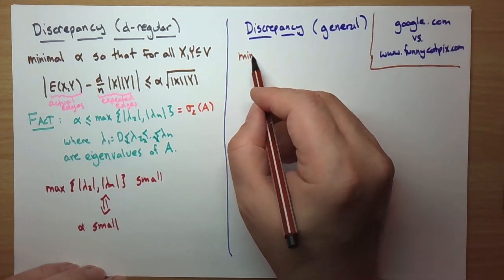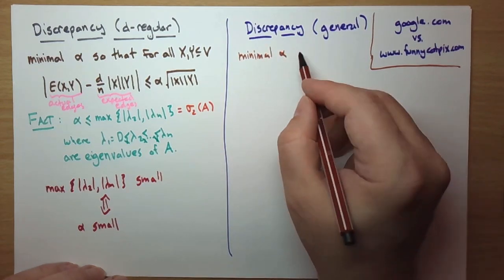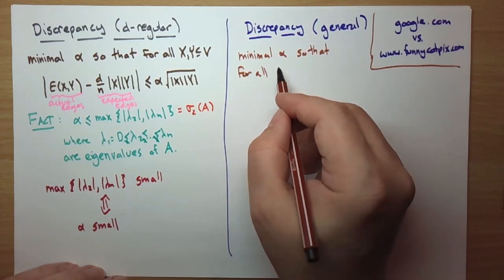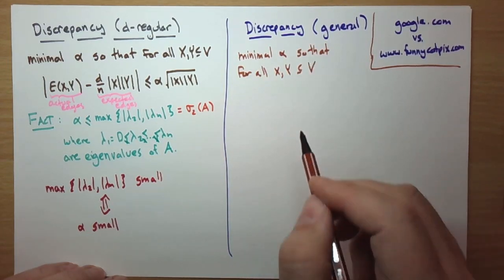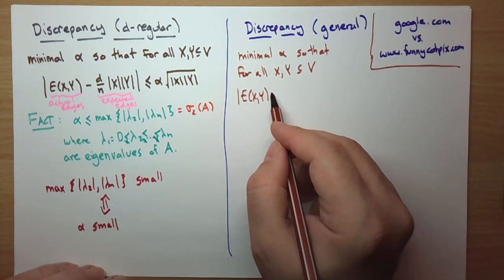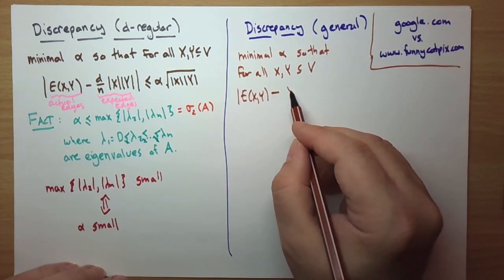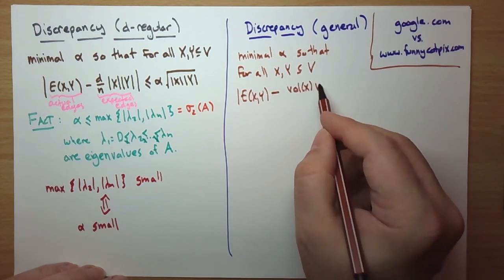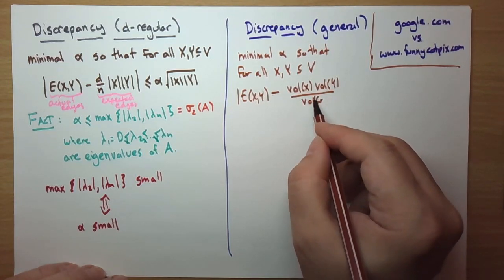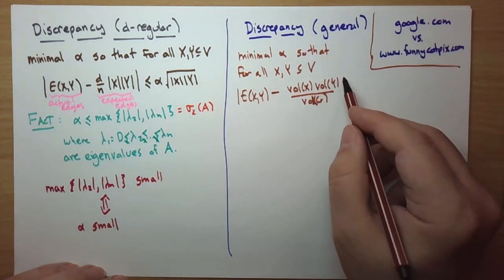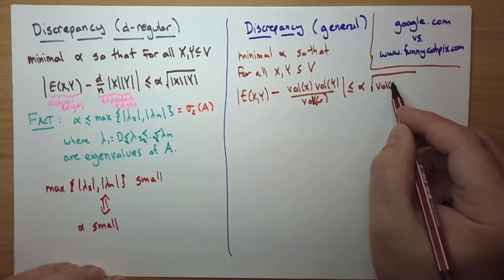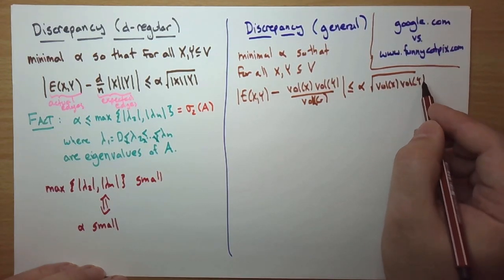So now it's the minimal alpha so that, in a similar way, for all x, y subset of V, we have that the edges between x and y, so we're still counting the number of edges, but now we're going to look at the volume of x, volume of y, and divide that by the volume of the whole graph. And that should be less than or equal to alpha square root volume of x, volume of y.